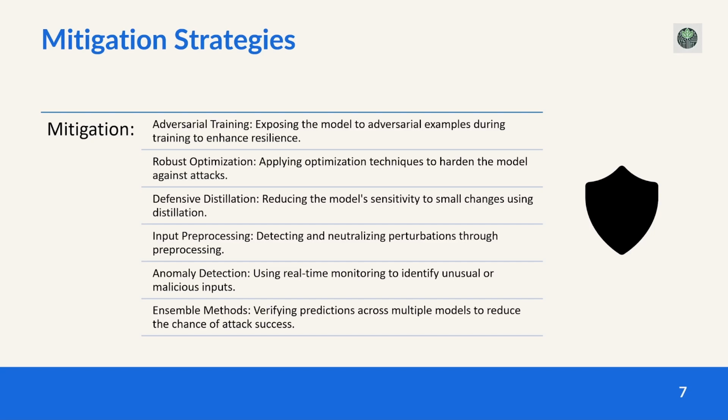Defensive distillation is another strategy where models are trained to reduce their sensitivity to small input changes. Input preprocessing can help neutralize perturbations before they reach the model, while anomaly detection systems monitor for unusual behaviors in real time. Ensemble methods combine the outputs of multiple models to further enhance security by reducing the chances of a successful attack.